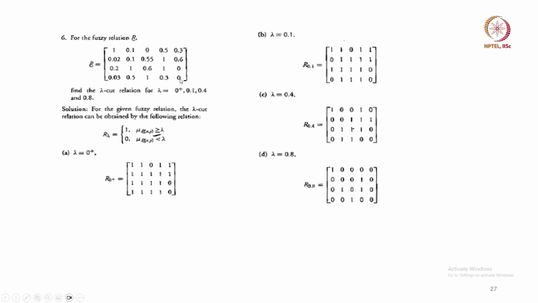Whatever is 0 here remains 0, all the others will be 1. And when it is 0.1, you have to check for greater than or equal to 0.1. So this is what you will get for that.